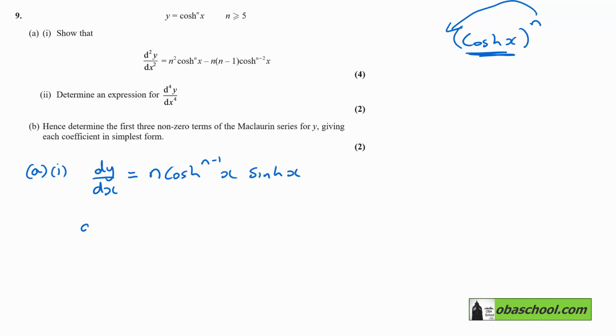But when we come to do the second differential, we need to remember that this is a product.